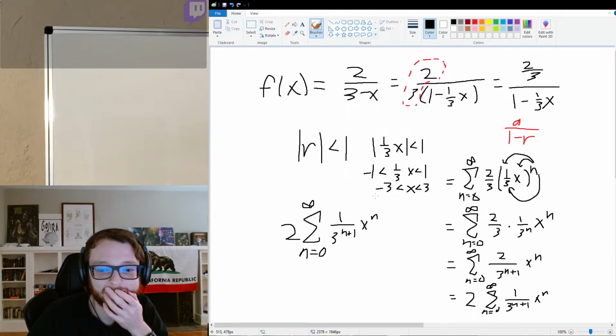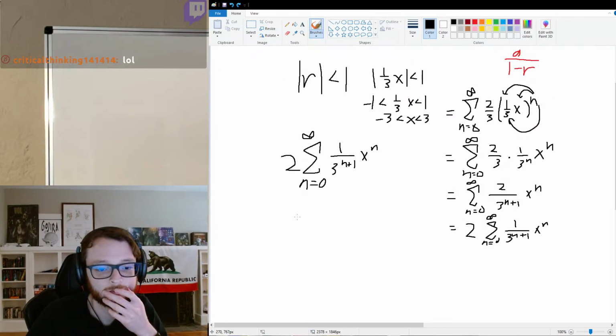Do we need to check the endpoints, or are they never included for a geometric series? I think they're probably never included. Don't quote me on that, but just like for any other power series, we do need to think about the endpoints of this interval that we got. Never included? Okay.